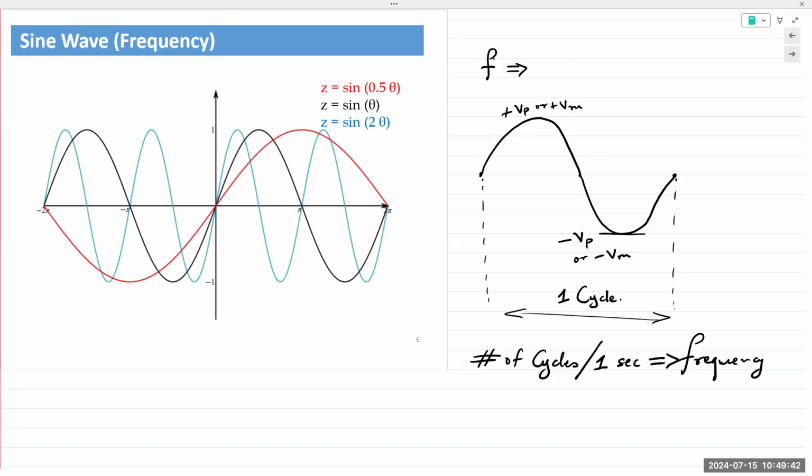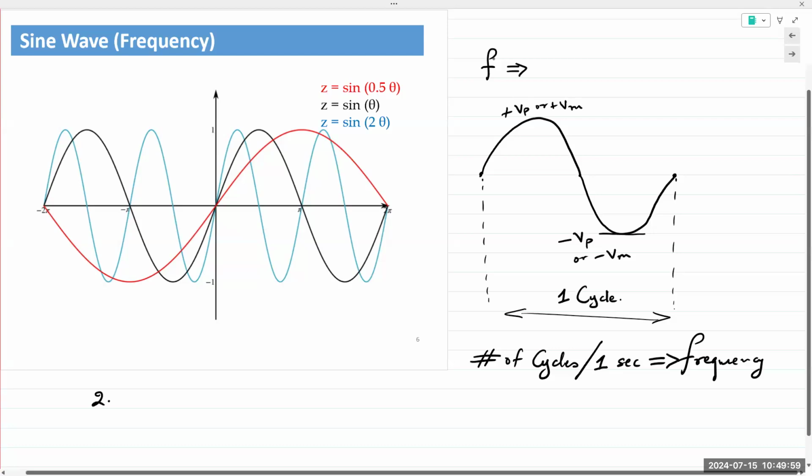We all have wireless routers in our homes and workplaces. What is the frequency of these wireless routers? You would have heard of dual band wireless routers nowadays. The frequency of a standard wireless router is 2.4 gigahertz.